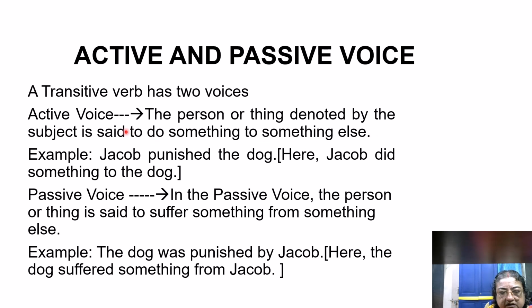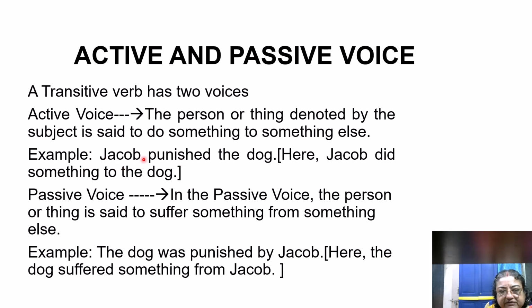So that person or thing is directly doing the action to something else, whatever it may be. It may be a person, thing, or whatever. If you see the example, Jacob punished the dog.